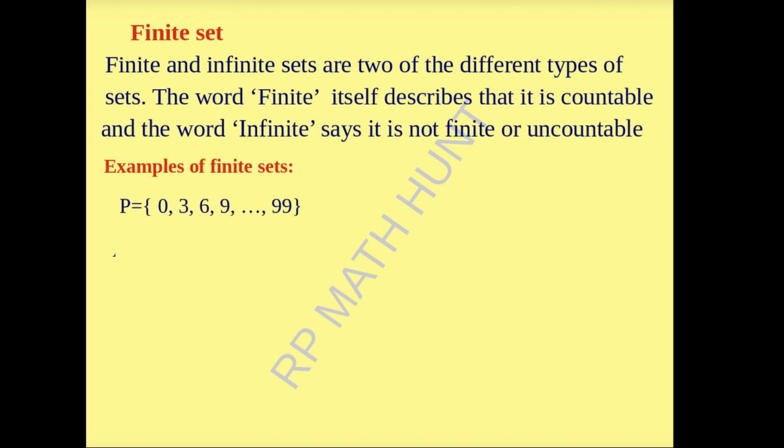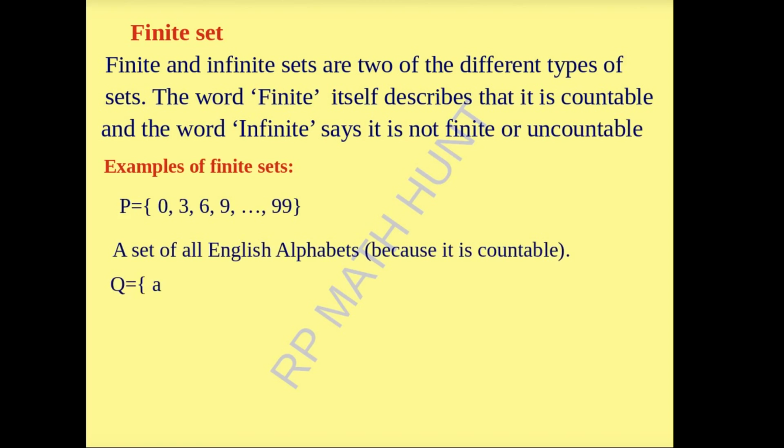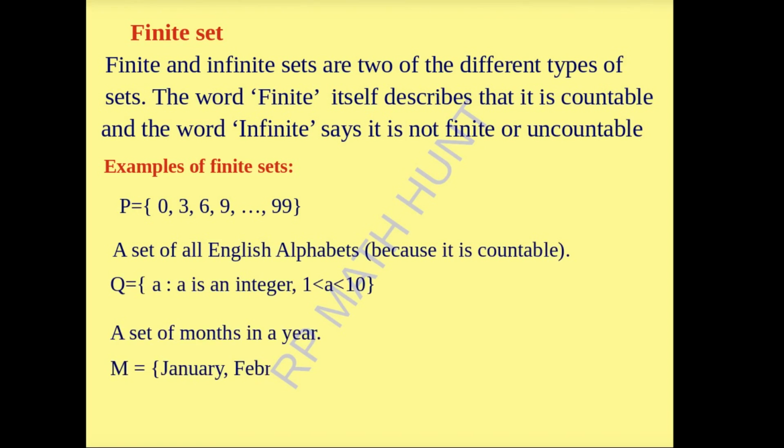The set of all English alphabets, that is only 26, is countable. Q is the set of integers A such that 1 is less than A, less than 10, that is also countable. The set of months in a year is also a countable set. Clearly, January to December we can count. M is equal to 12.